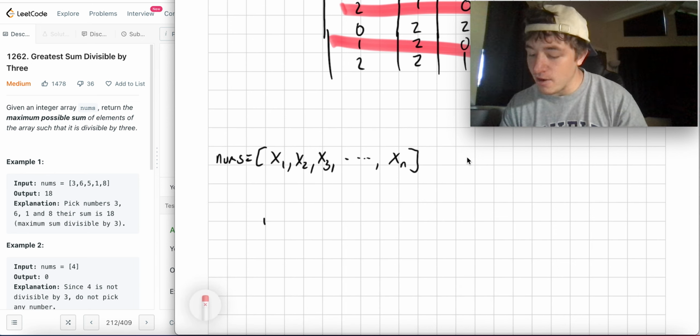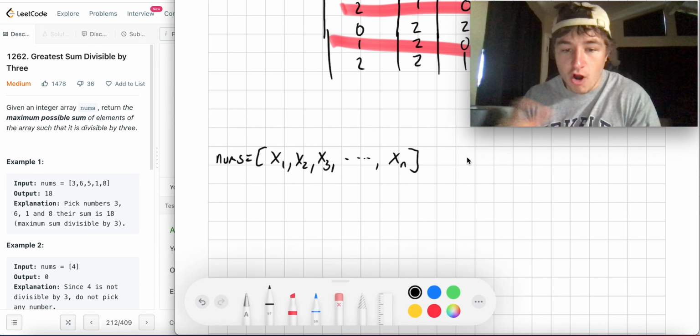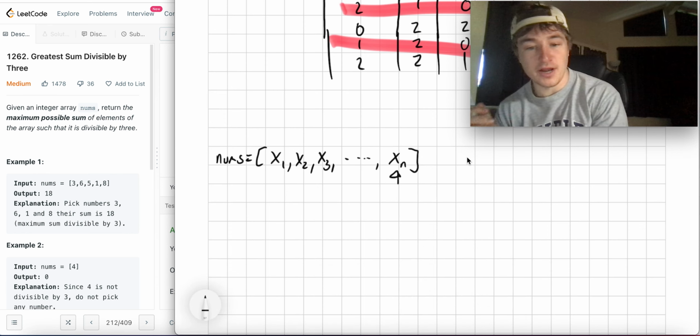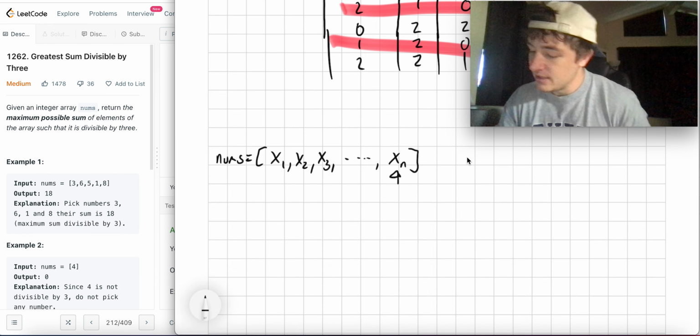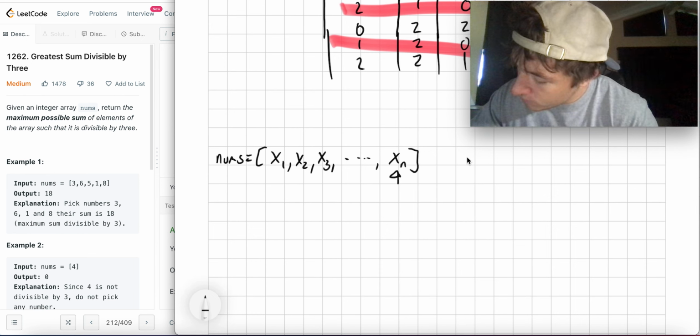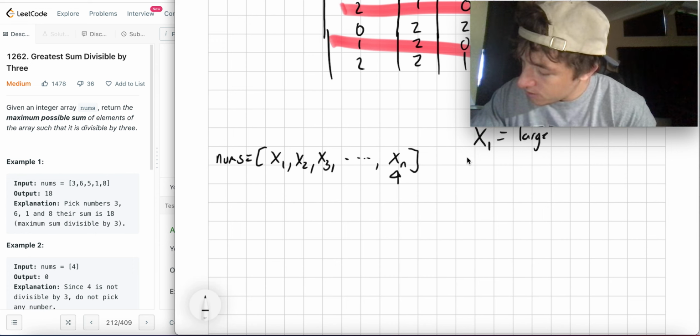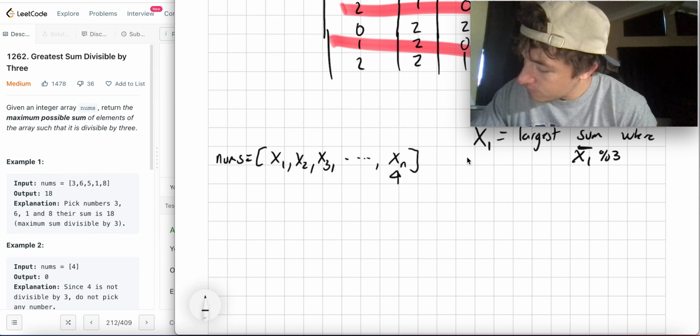So say you've already processed, you're looking at this number. Now you can do this for any digit, I'm making this case for any digit. Let's say you found x bar 1 equals the largest sum where x bar 1 mod 3 equals 0.